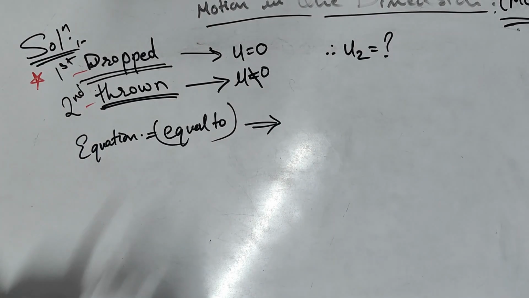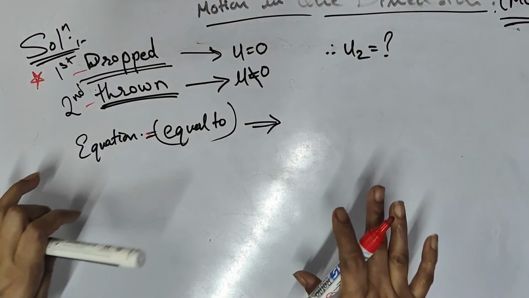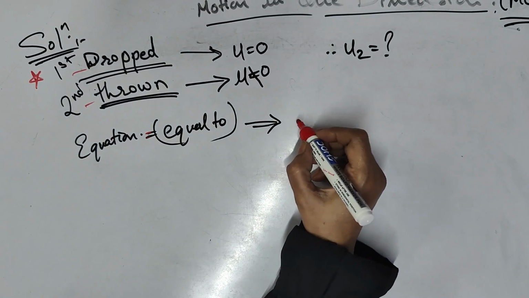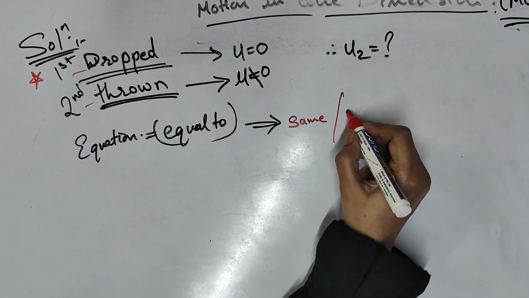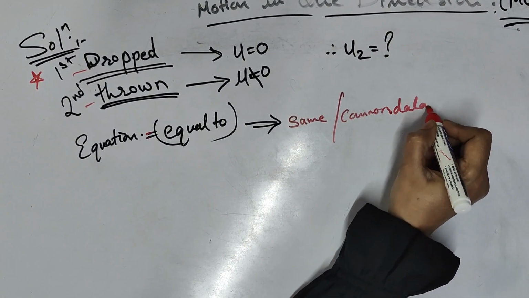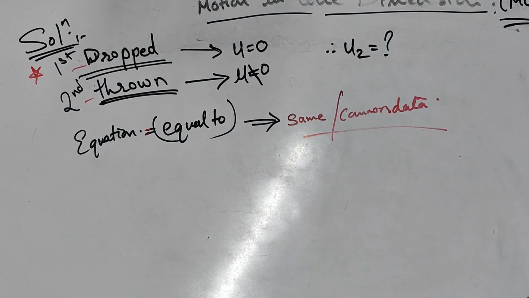Because to equate two things, right and left side, you have to find same factors or some common data. So we have to find the common data. What is same here in these two situations?